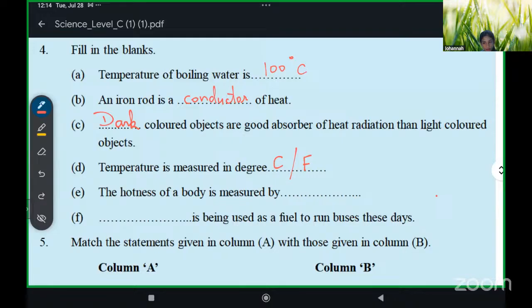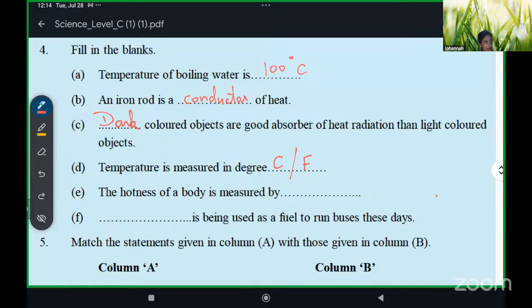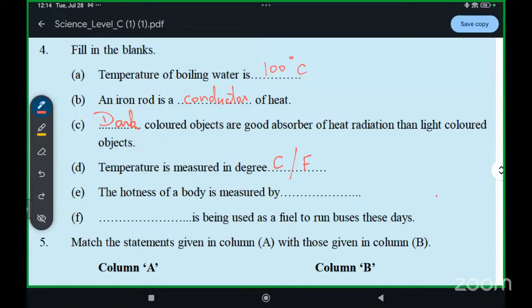Is it somewhere between Celsius and Fahrenheit? It is a device, Johanna. If you want a hint, it is an instrument, a device. Is it the clinical thermometer? Yes, Johanna, that's right. Clinical thermometer.